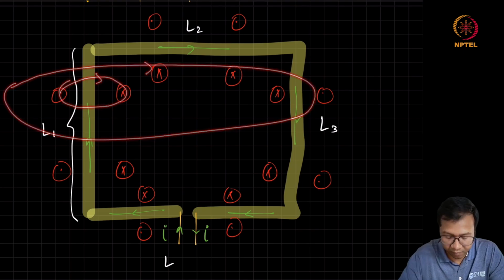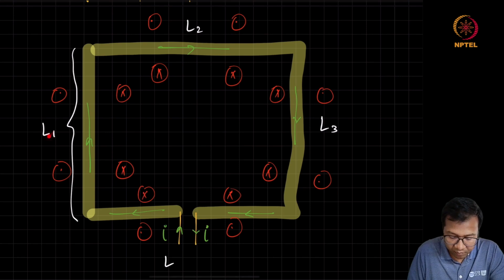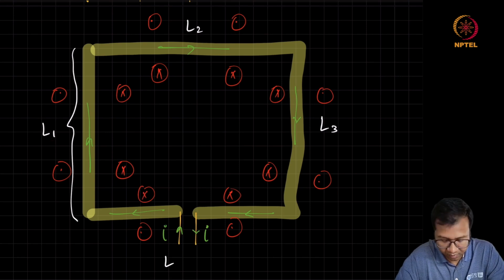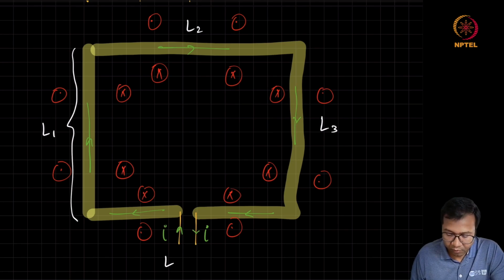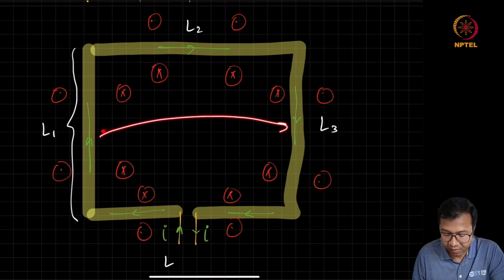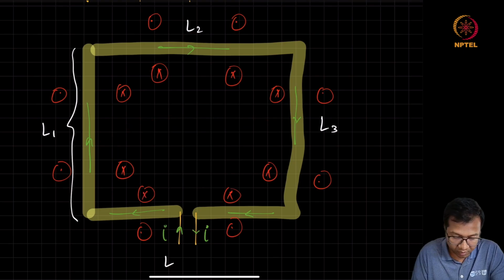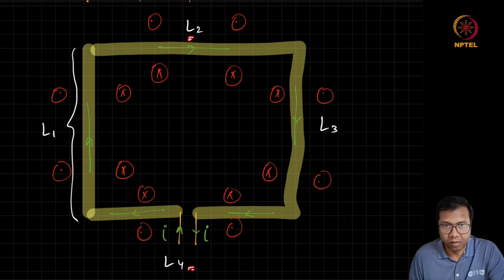Whenever there is an associated magnetic field, part of it will be linked only to that wire segment. In addition to that, part of the magnetic field will also couple to other segments. The way I am showing you, you can easily see that L1 will only couple to L3 because it is orthogonal to L2 and L4. And similarly, L2 will only couple to L4.